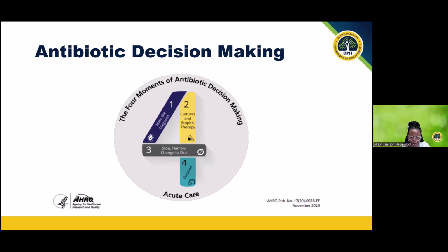Can I narrow therapy? Can I change from IV to oral therapy? And then moment 4 occurs when the infectious process is clear and the patient responds to therapy. Then they need to ask themselves, what duration of antibiotic therapy is needed for my patient's diagnosis? So this is a good tool for clinicians to utilize.